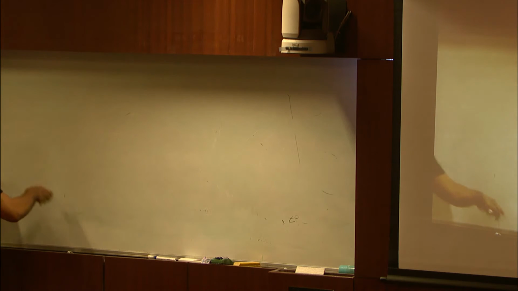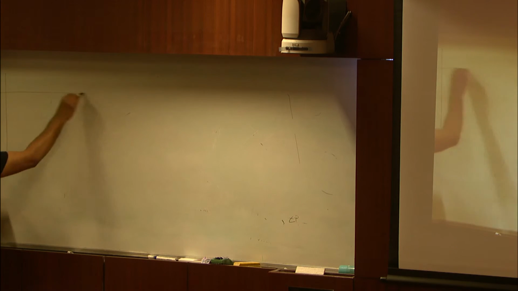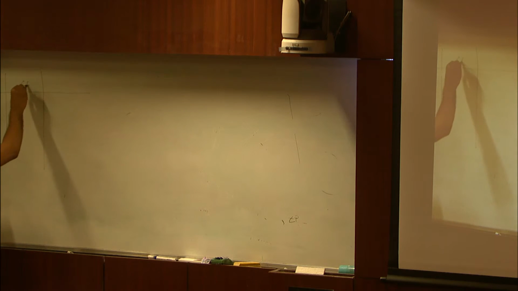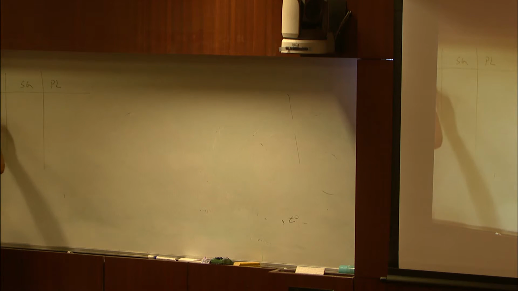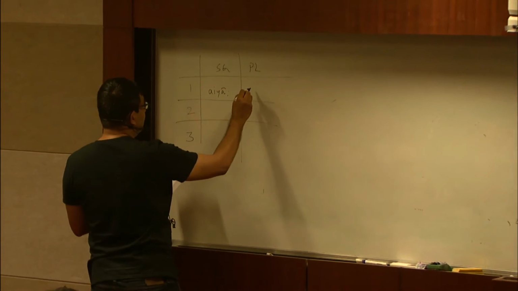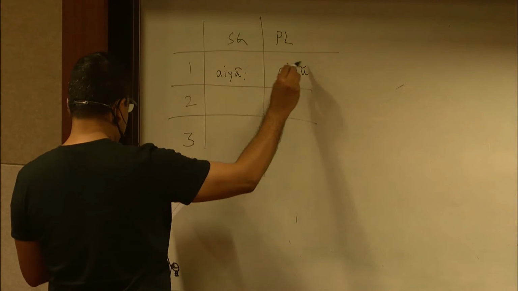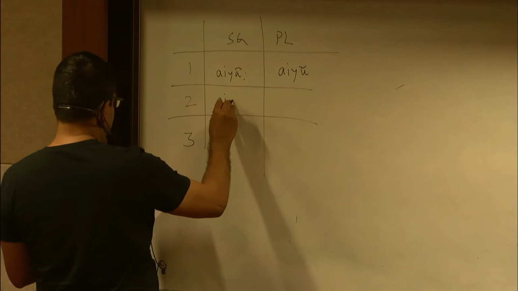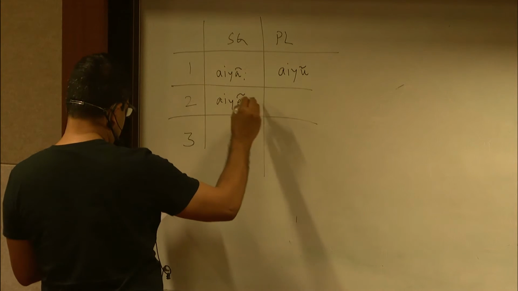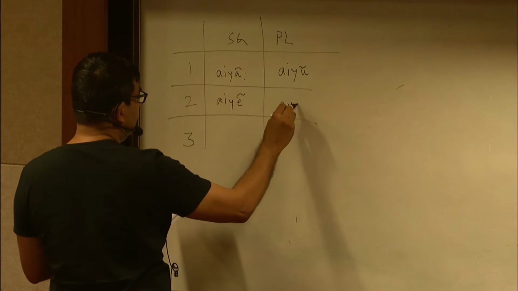So the present auxiliaries are: singular, plural, 1, 2, 3, ia, IU, IO.